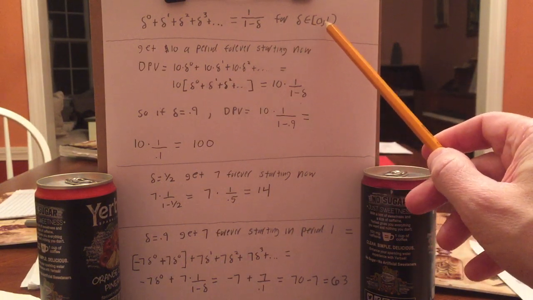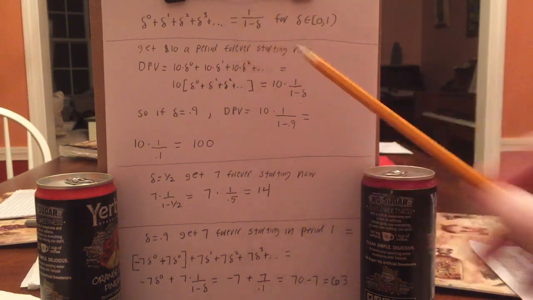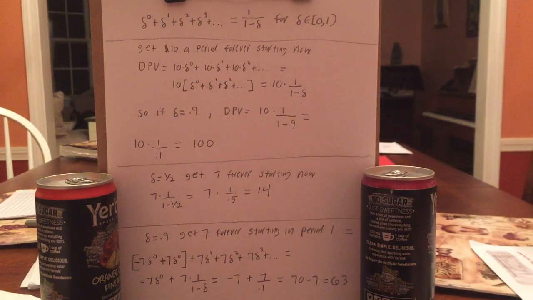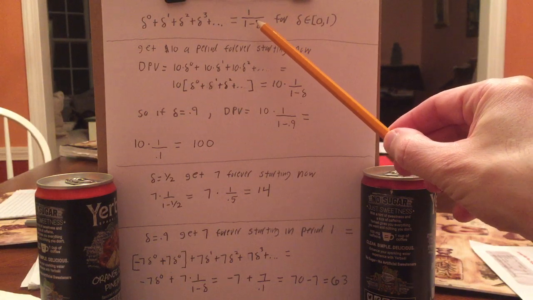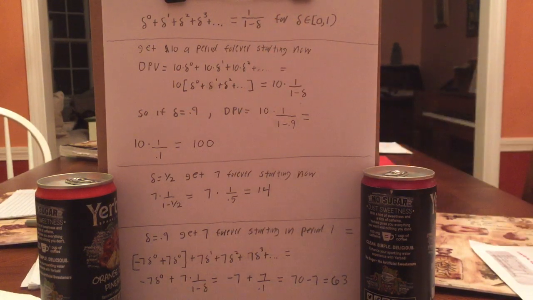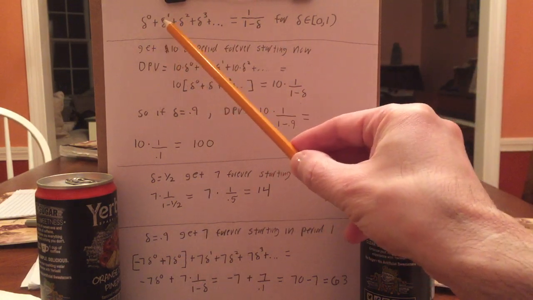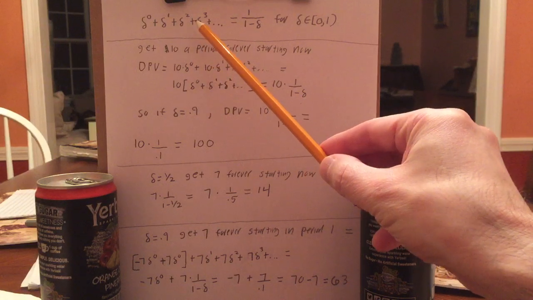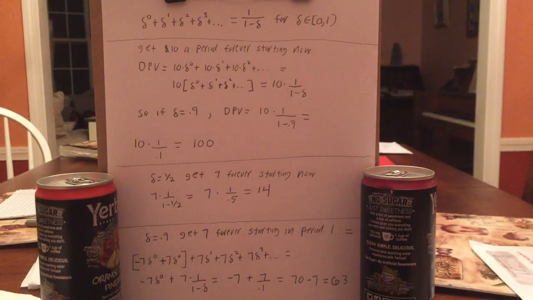And as long as delta is between 0 and 1, this series converges to 1 over 1 minus delta. So for example, if delta is 1/2, this series converges to 1 over 1 minus 1/2, which is just equal to 2. So if you take 1 plus 1/2 plus 1/4 plus 1/8 and so on, that converges to 2.